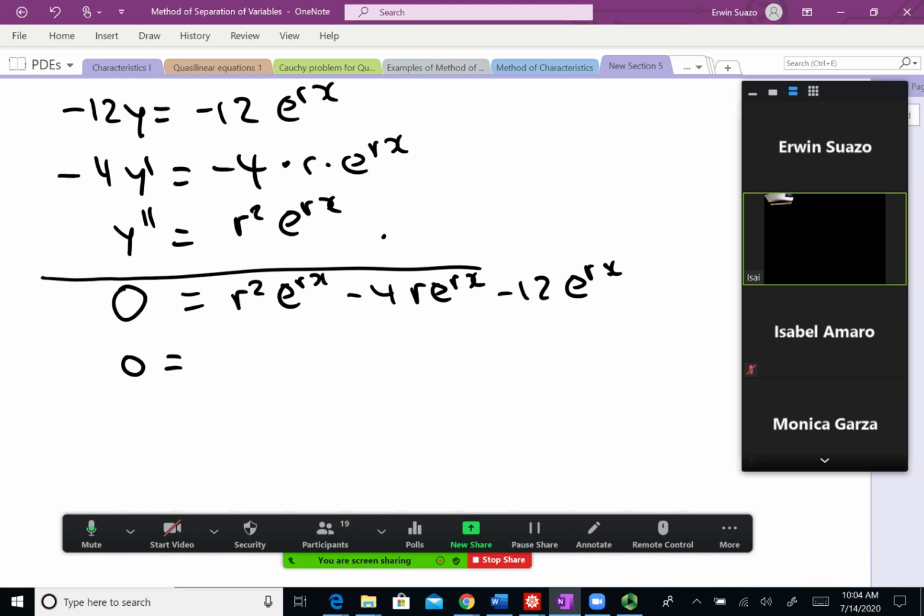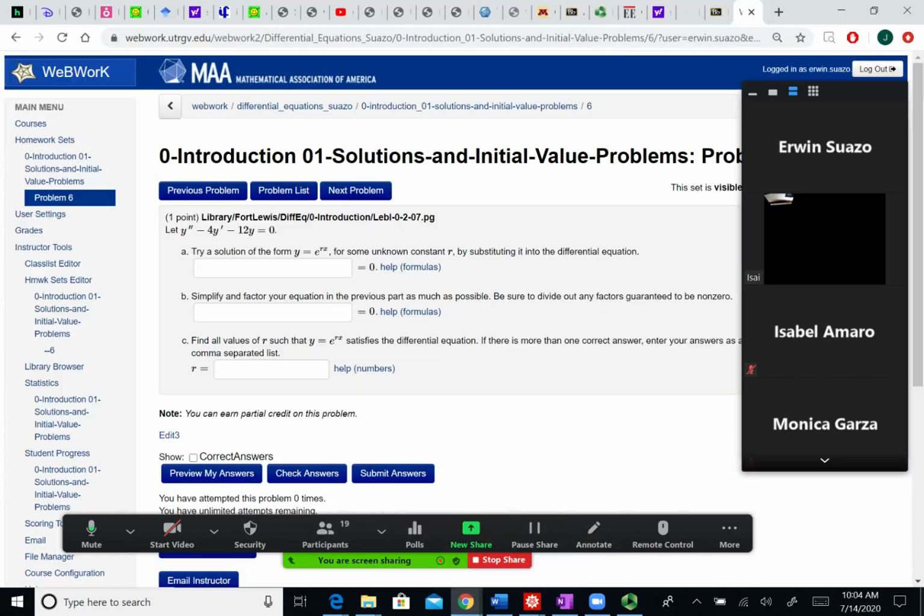So what do you think we want to do? The question in the problem is saying: try a solution of the form e to the rx for some unknown constant r by substituting into the differential equation. So I think we need to plug in that substitution.